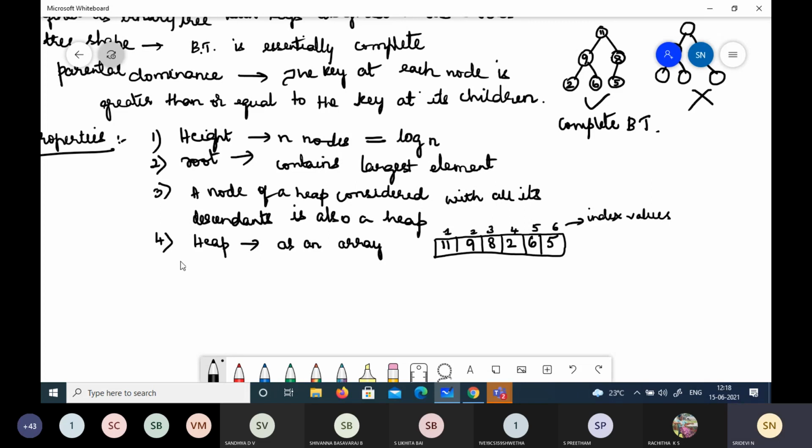Now, some of the properties under this when it is implemented as an array. The first is the parental node. Because we will implement this, that's why you should know all these things. I'll write down because we need to write something here.